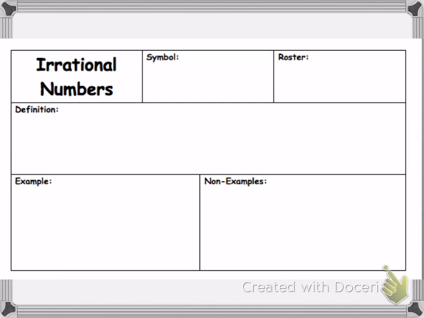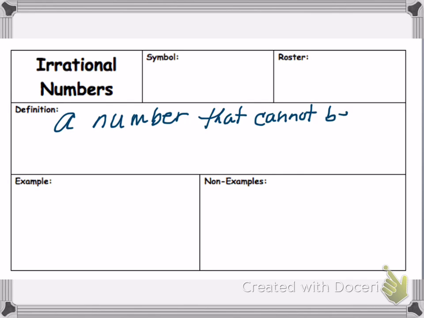So irrational numbers are basically numbers that are not rational. An irrational number would be a number that cannot be written as a ratio of integers, so it cannot be written as a fraction.